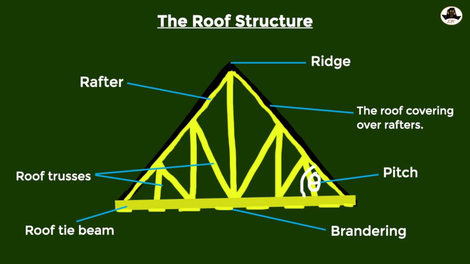So we also have the trusses. Those are the structures that help with supporting the forces that are imposed on the walls. The trusses are there to ensure that there's a balance of forces in the roof.